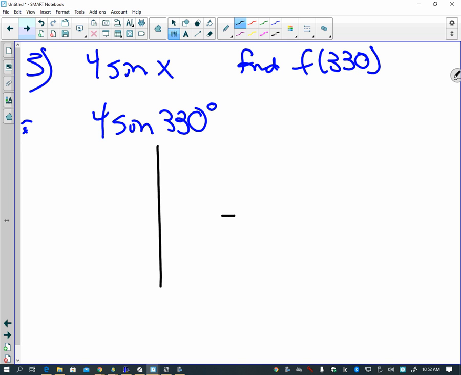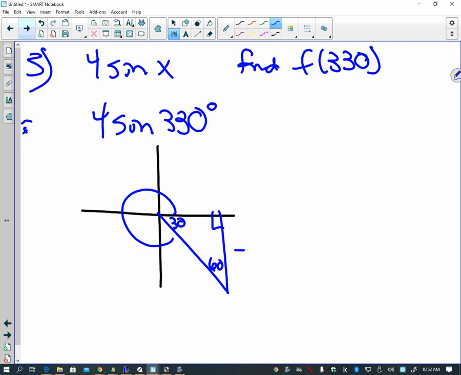So we come in here, right? 330 degrees is going to go all the way around like this, but it's going to be 30 degrees shy of 360 degrees. So that means this is negative 1, this is radical 3, and that's 2. Correct?